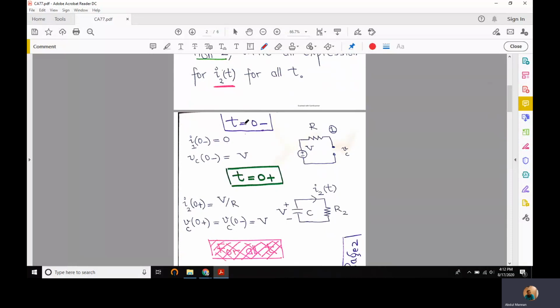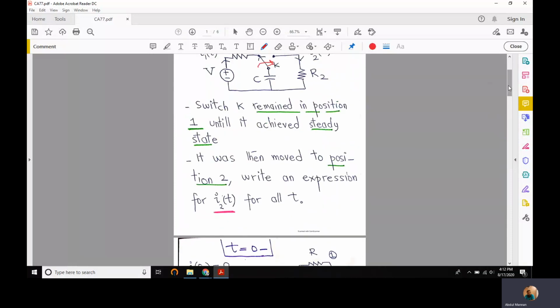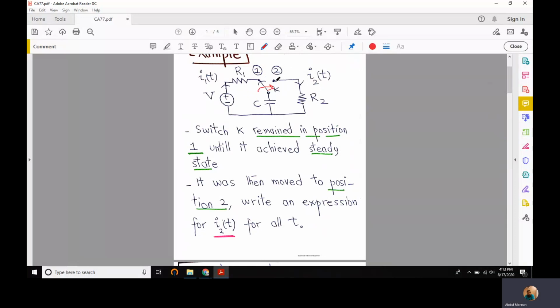Time t is equal to 0 minus, this means just before we moved the switch from position 1 to position 2. At that time, the capacitor would have been charged at a voltage equal to V volt, and there would be no current in this path.